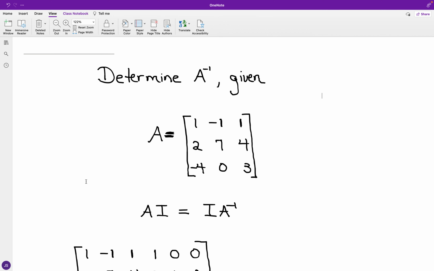Looking at the elements going row by row, you have 1, negative 1, 1, 2, 7, 4, and negative 4, 0, 3. Looking at the determination of the inverse of this matrix, going back to our formula, we have the product of A and the identity is equal to the identity times the inverse.